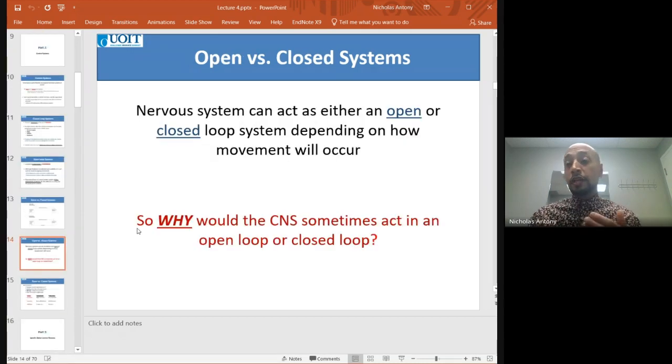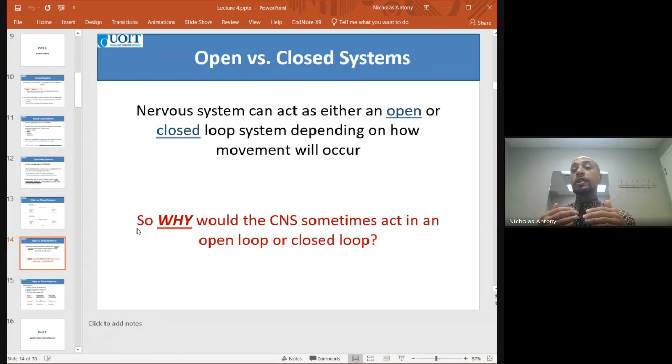So the question that I have for you, and the big one is speed: our brain can either work in an open or closed loop system, right? You can do things fast or slow. How would the CNS determine whether to act in a closed loop or an open loop system?